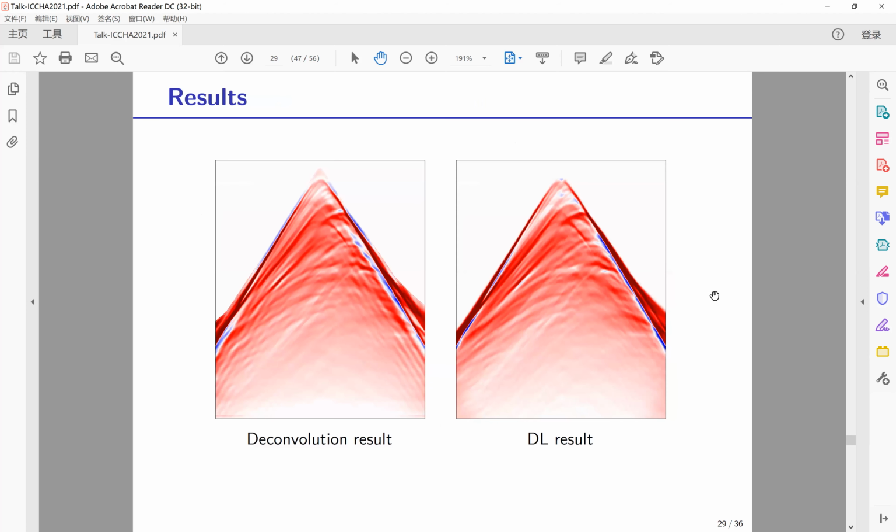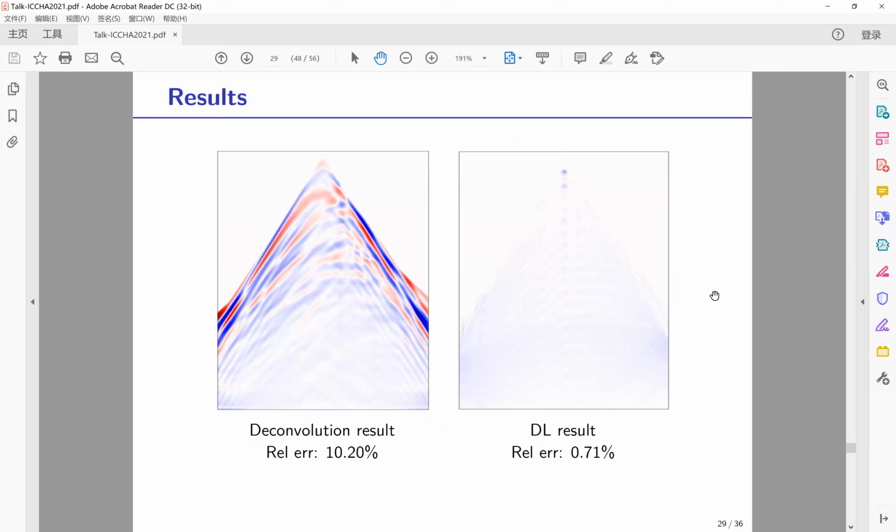We have two results: one uses classical deconvolution, and one uses deep learning. We cannot see the difference, but if we look at the residual, there is a difference. The error of the classical approach is much bigger than that of the deep learning result.